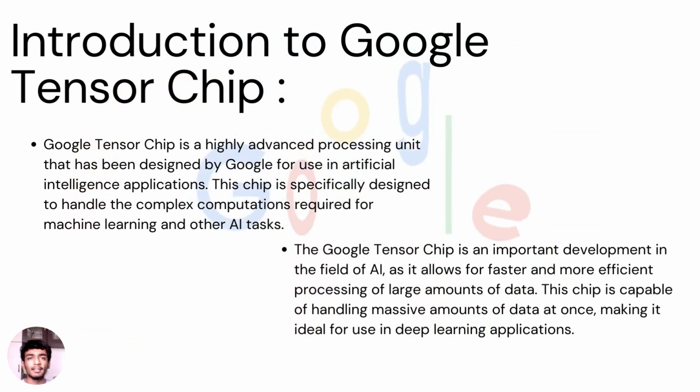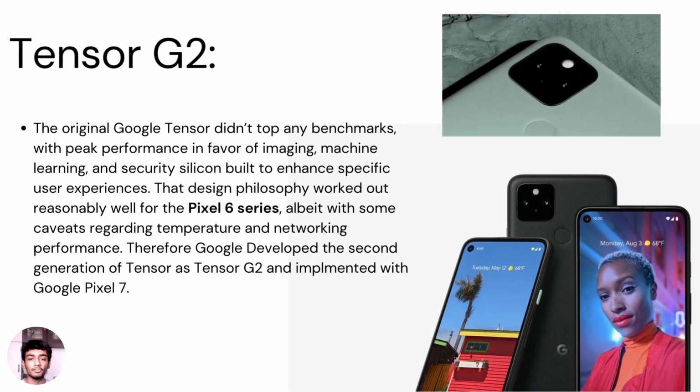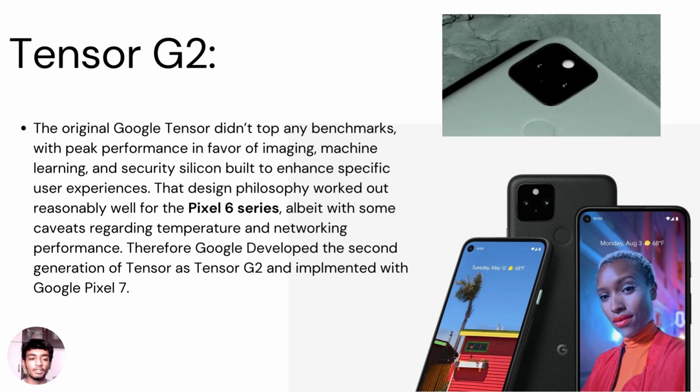So as Intel has generations of their processors like i3, i5, i7, Google Tensor is now currently optimizing their G2. That stands for Generation 2 of the Google Tensor chip. So Tensor G2 is used in Pixel 7 phones. The original Google Tensor didn't top any benchmark with peak performance, in favor of image, machine learning and security silicon built to enhance specific user experiences.